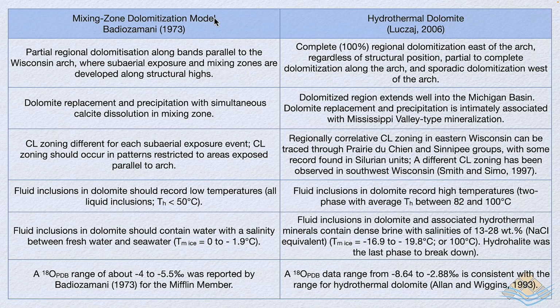What we actually see in the dolomites across the Wisconsin Arch and further to the east is homogenization temperatures which are much warmer, between 82 and 100 degrees centigrade. In addition, we found a broad range of oxygen isotope values, much more negative than would be expected if we were looking for a mixing zone dolomite.